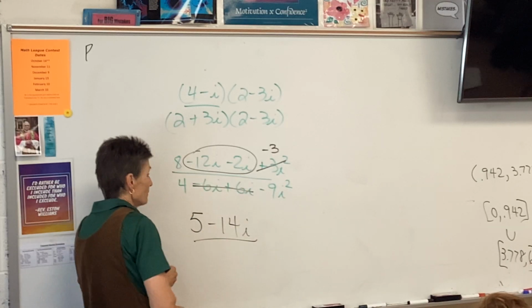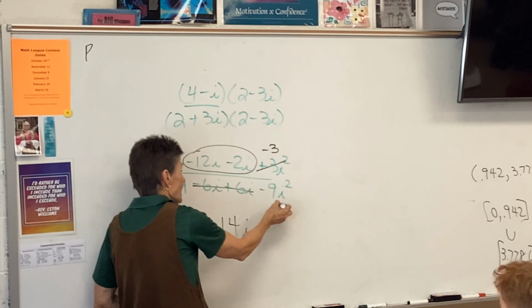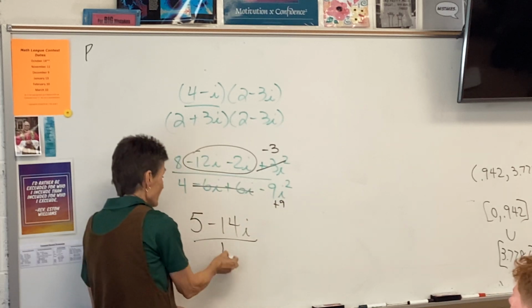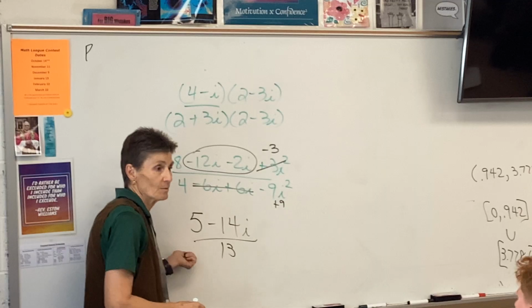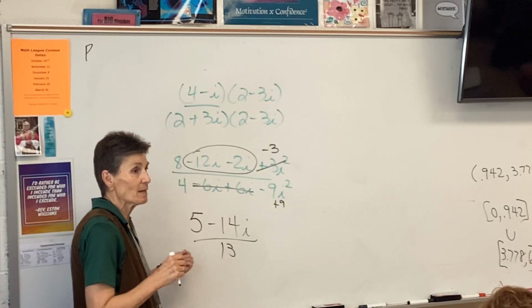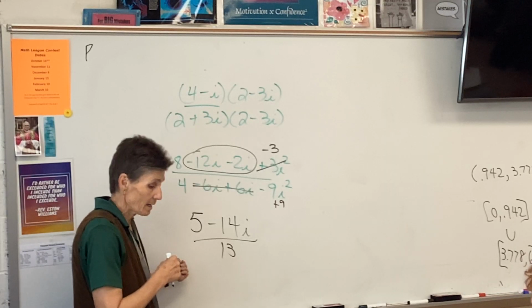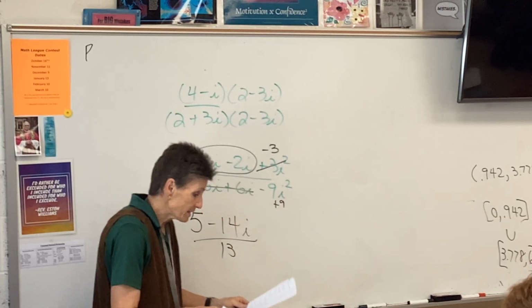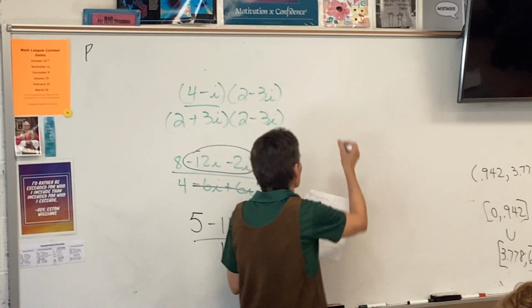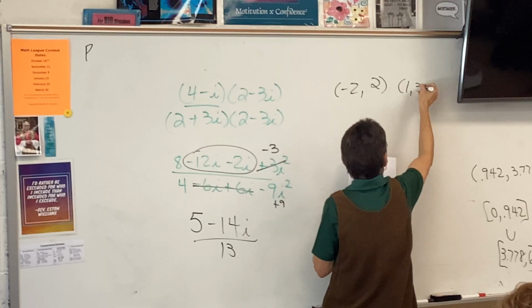Those are gone. -9i squared is actually +9. So there we go. Did anybody get to this while I was handing out papers? Anybody get this one? You get that? Good.